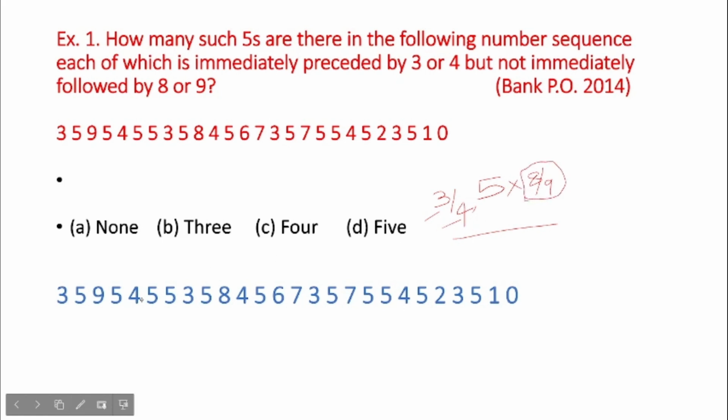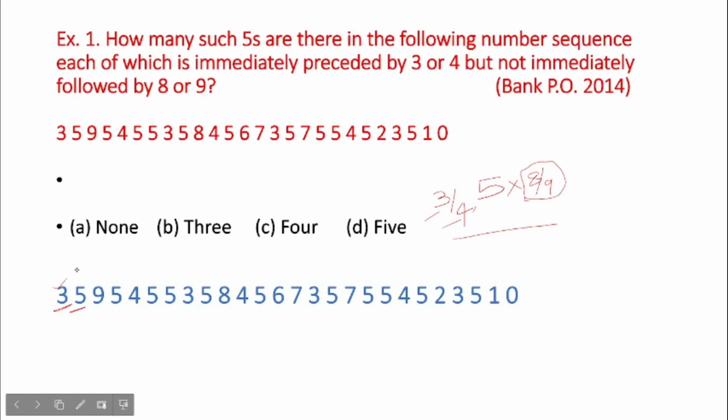Now we have to check in this series how many times these conditions are fulfilled. So first we have to find fives. There is a 5 here. What is the condition? It should be preceded by 3 or 4. That means here it should be 3 or 4.